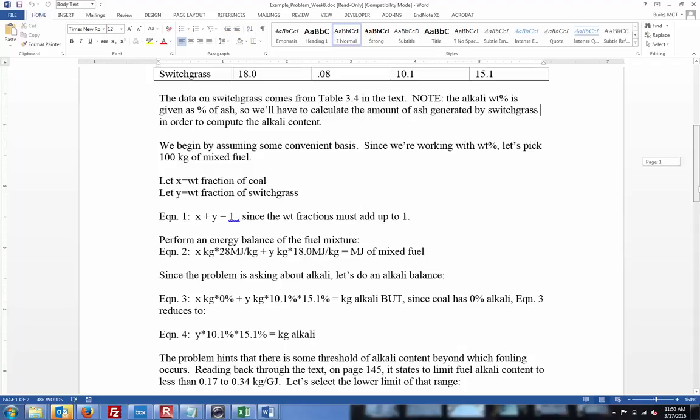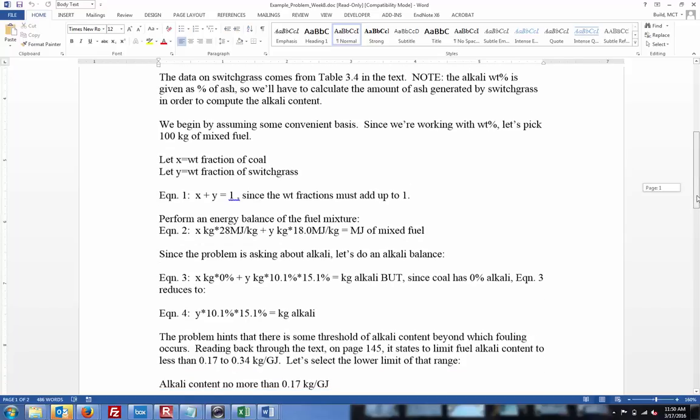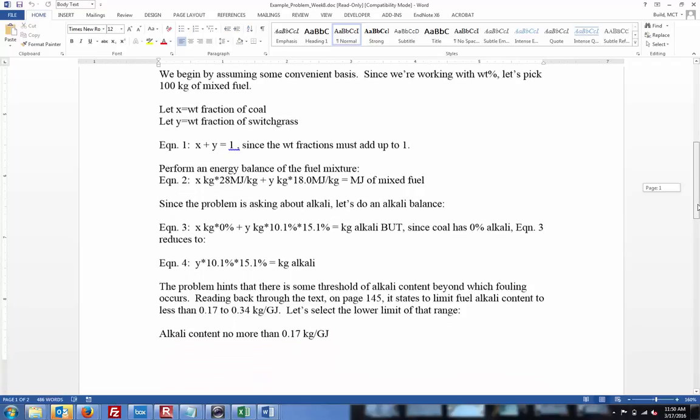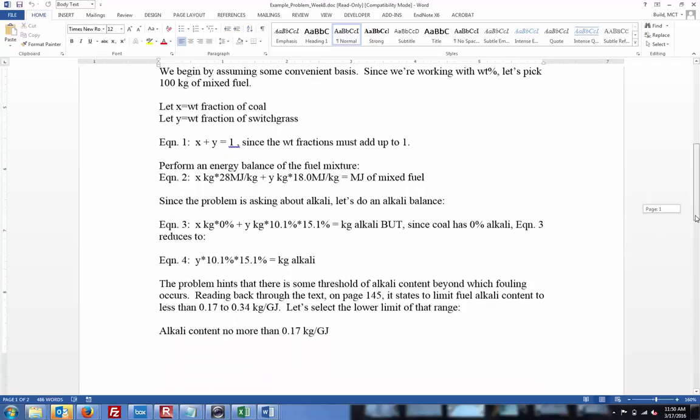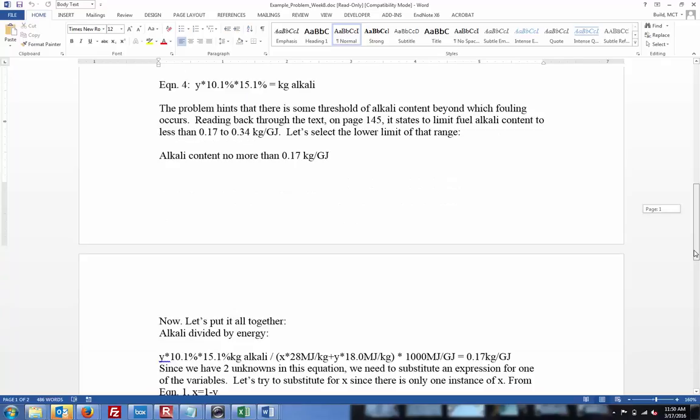The limit of fuel alkali content is 0.17 to 0.34 kilograms per gigajoule. Let's select the lower limit of 0.17. Let's put everything together. Sorry, I'm going kind of fast. This is some kind of previewing, and then we can slow down.